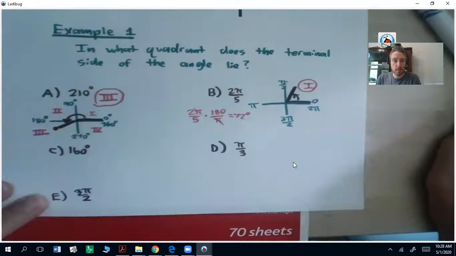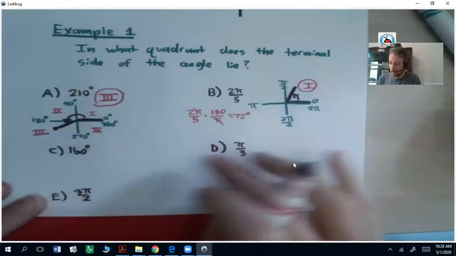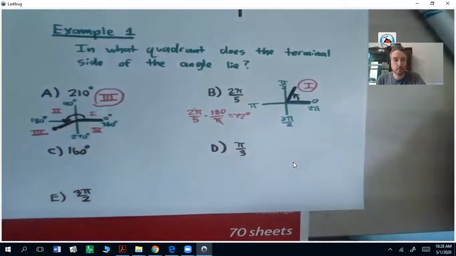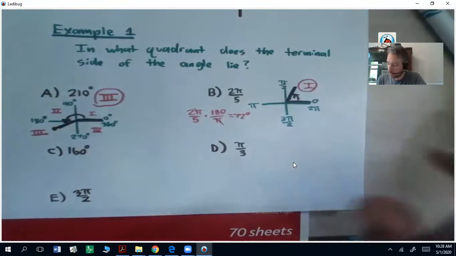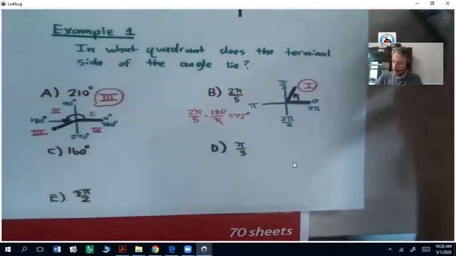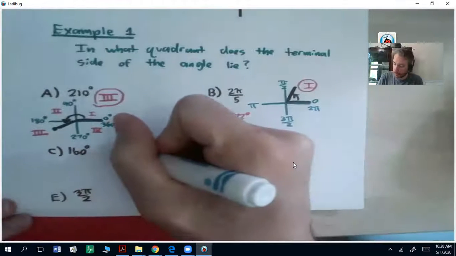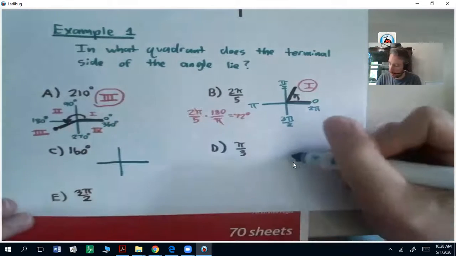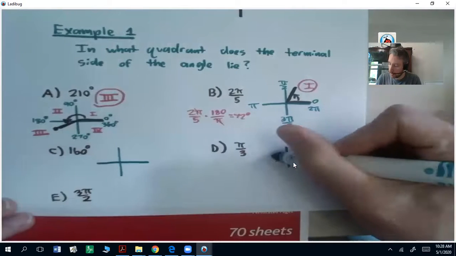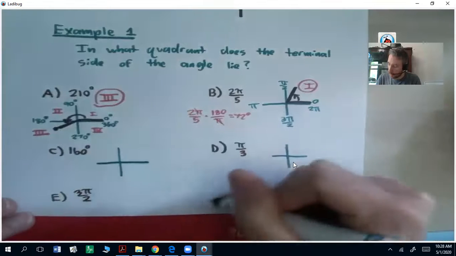All right, why don't you try these 3? We'll see if you're right. You just want to set up your XY axis for each one so you can identify where in the unit circle that is. And I'll do E over here.